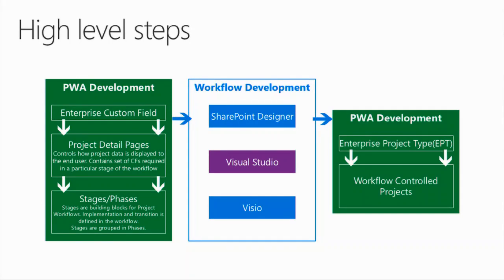And we will see that when we start SharePoint Designer, we open the PWA site and we connect to this site. And we will see that all those different stages and phases will be available when designing this workflow. We can also use Visual Studio at this level if we're still a bit of a developer.